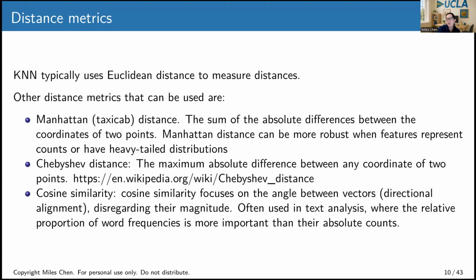And then another is cosine similarity. You measure the angle between vectors, okay, and you ignore the actual magnitude. This is a little bit more popular in, say, text analysis, because in text analysis, you might have documents where there's vastly different word counts, and so the relative proportions of word frequencies is more important than the absolute counts.